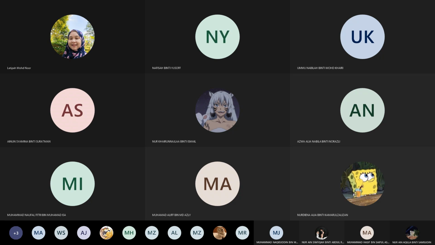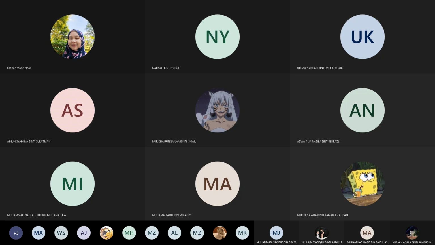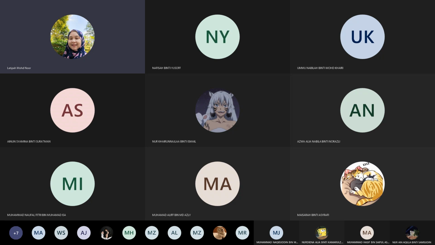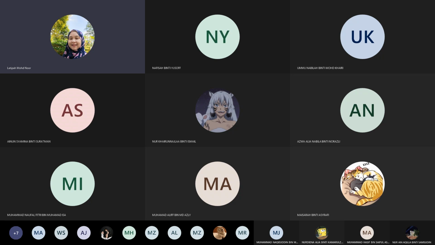So ni dah rehat sejam kan? Sudah madam, tadi kelas pukul 9:30. Tak start pukul 9? Okay. Dah setengah jam habis dah ni. Tak ada apa-apa pun ni pencapaian ni.